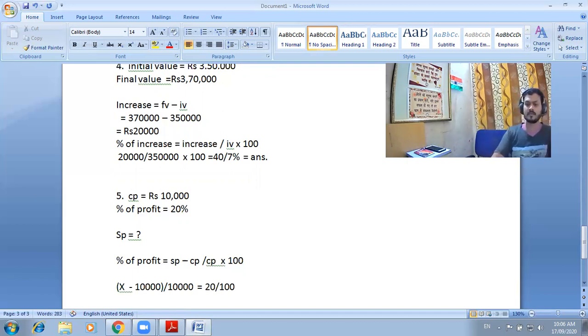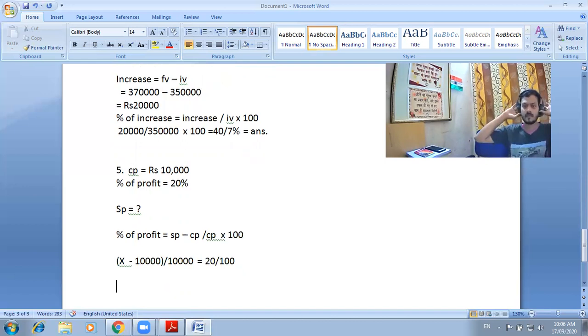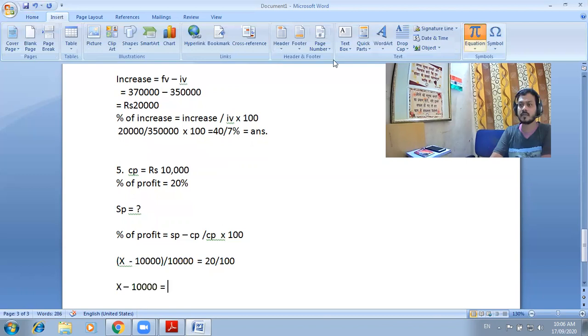We can simplify the numerical values one by one. So X minus 10,000 equals 2 by 100 into, we can cross multiply here.